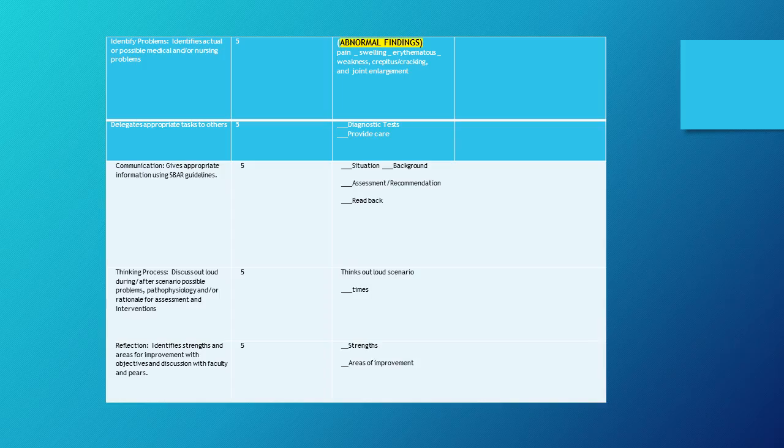They do the assessment of the musculoskeletal system correctly, and identify any problems found, whether it be pain, swelling, redness, crepitus, or cracking. They delegate appropriately, for instance radiology tests or MRIs, or provide care. These are some of the things that we'll be looking for and checking off.